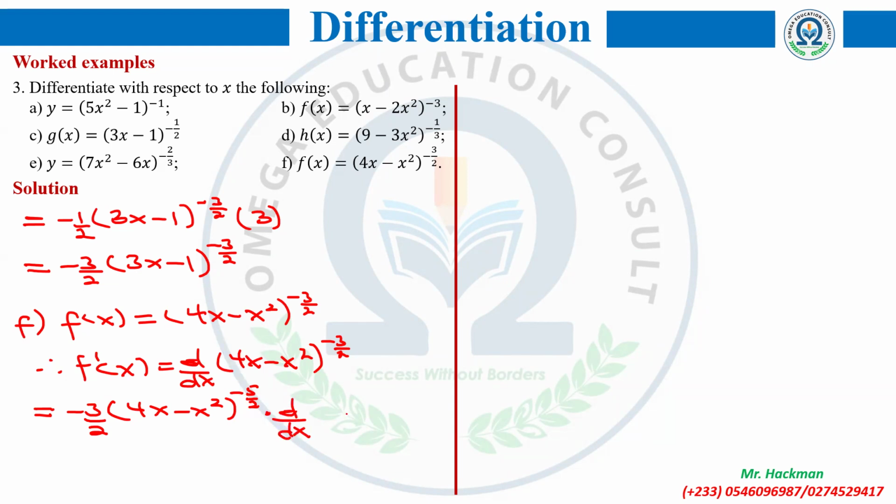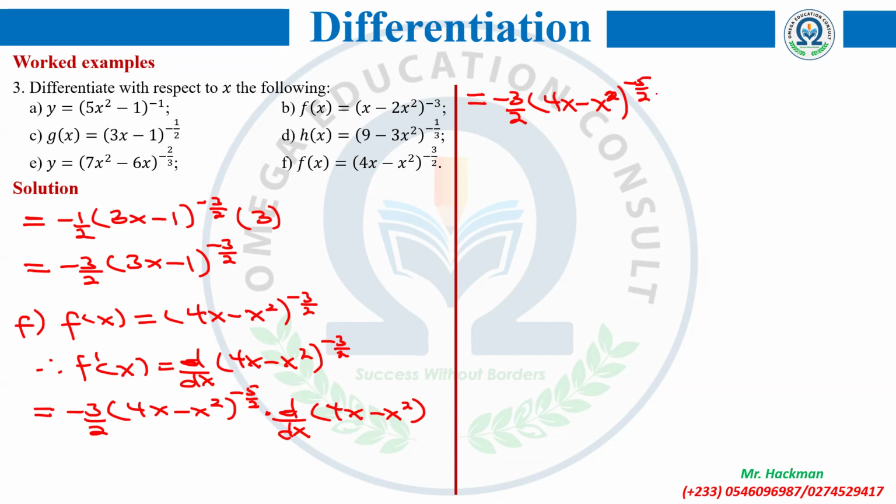Of 4x minus x squared. You close it. One or 2 steps more, then you are done. So this will be equal to, keep your minus 3 on 2, keep your bracket 4x minus x squared all to the power, are you sure it's 5 on 2 or minus 5 on 2?